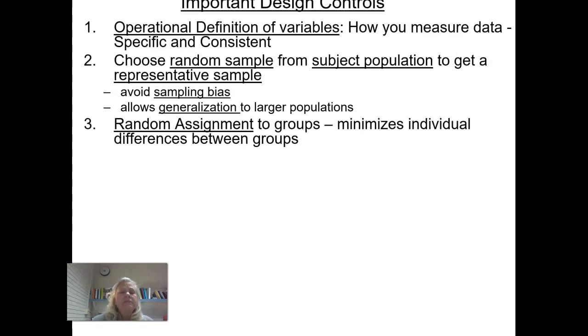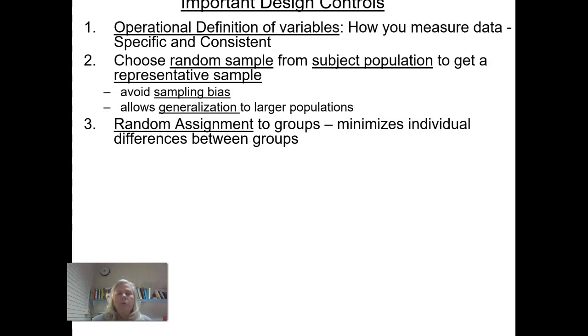Random assignment is very important. This minimizes individual differences between groups. I'm sorry, I forgot to mention the subject population in this case would be people who have test anxiety. So remember, that is important. They have to be people who have test anxiety.